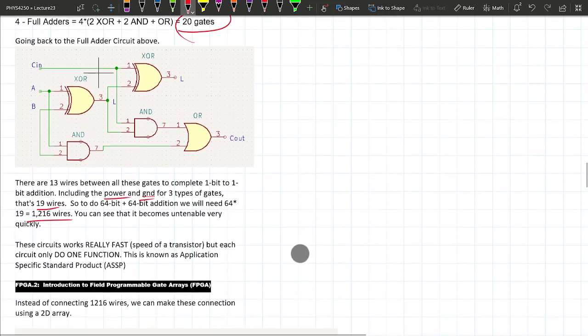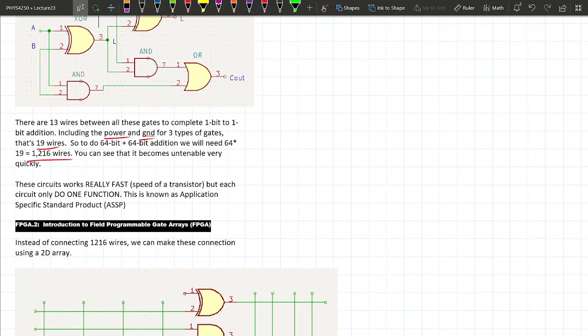This is where we're going to start introducing you to this idea called FPGA, which stands for field programmable gate array. These wires don't necessarily have to be on the breadboard. Maybe you can design an integrated circuit that does adding for you, and you just have the wires permanently built in there.